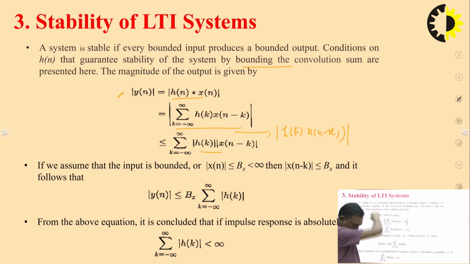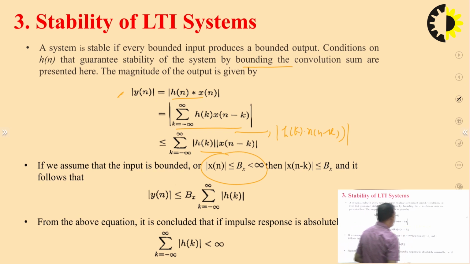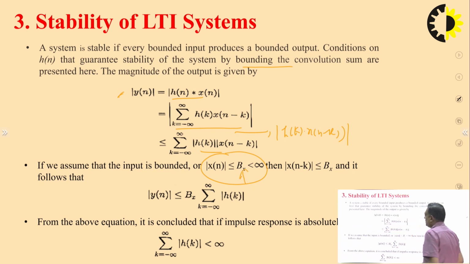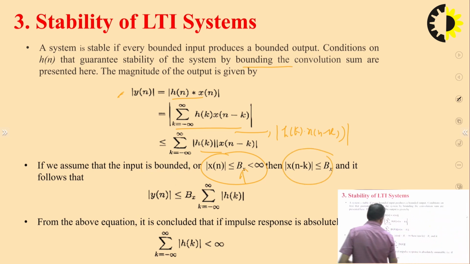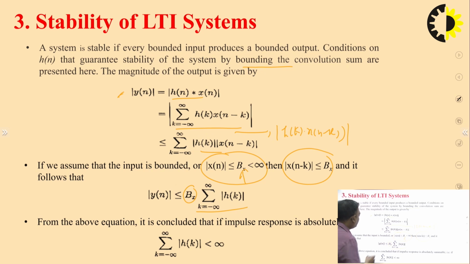Now if the input is bounded, then we can write that the input is less than Bx, which is less than infinity, where Bx is some finite quantity. Even if it is delayed, it will still be finite. So the output y[n] can be written like this: Bx times the summation from k equals minus infinity to infinity of mod h[k]. Now we know this y[n] should be less than infinity.